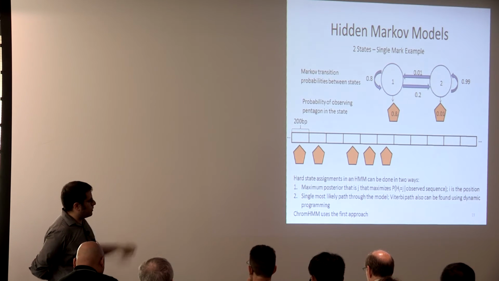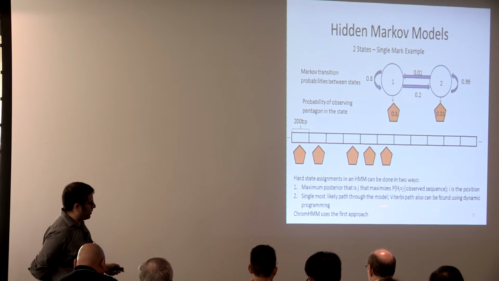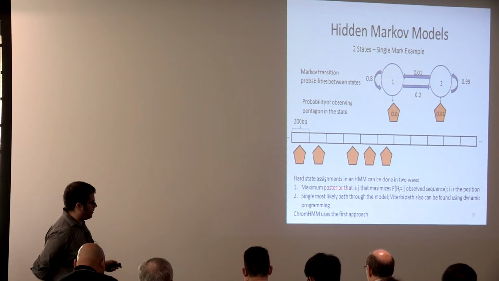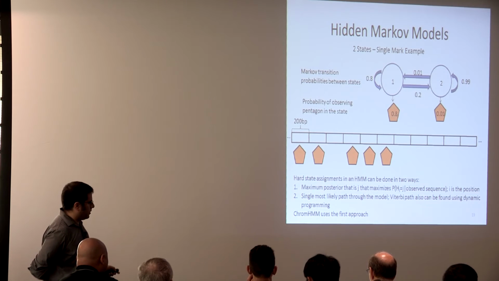I'm not going to go into that because it's not going to be used as part of the method, but for those who might look into this further, there are these two different ways to do it. One is the most likely state considering all possible paths, or the other is the state on the single most likely path.